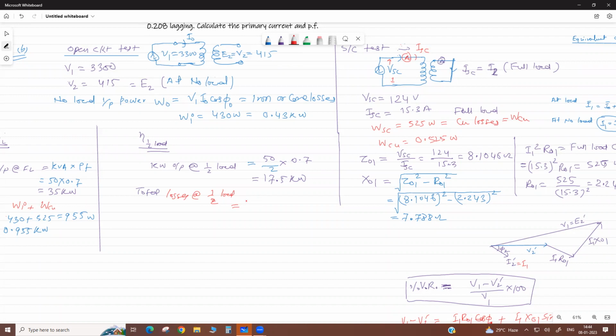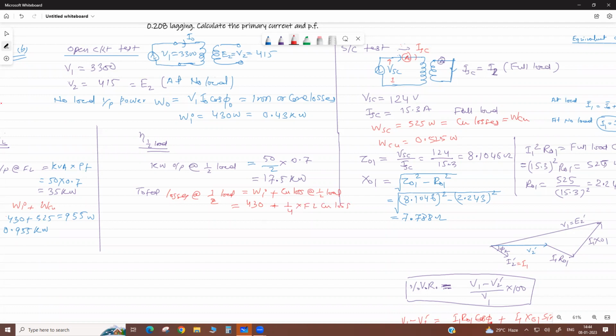Your iron loss is fixed, that is 430. Iron loss plus the copper loss at half load, which is 1/4 of the full load copper loss.